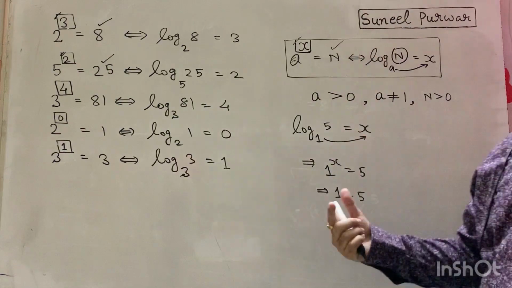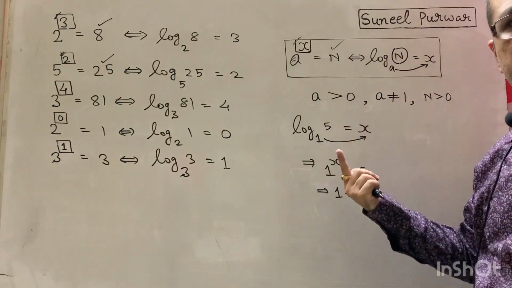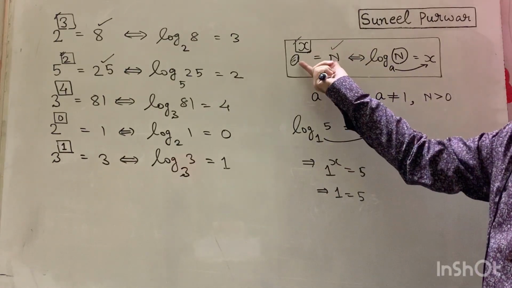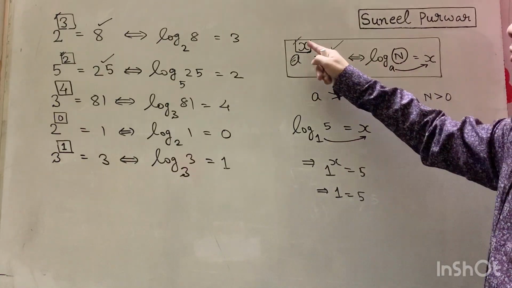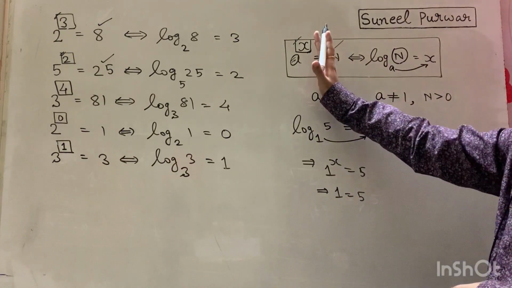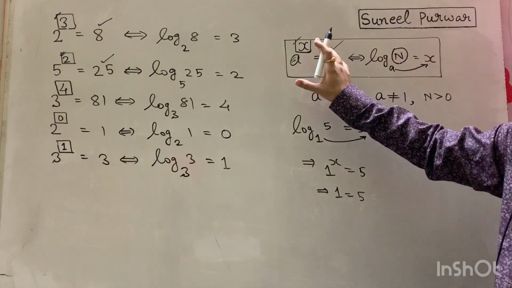So as you have seen, exponentials and logarithms are interconnected and they mean one and the same thing. So a power x is equal to n means log of this number n at the base a equal to this value at the top, x. Now, you can say from LHS, this logarithm, and if logarithm is given, you can say the exponentials.